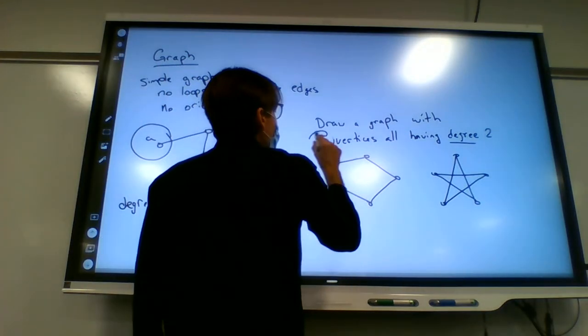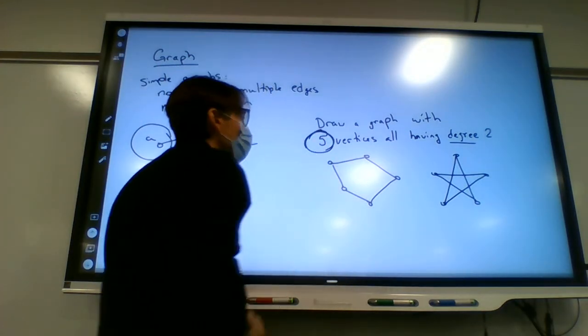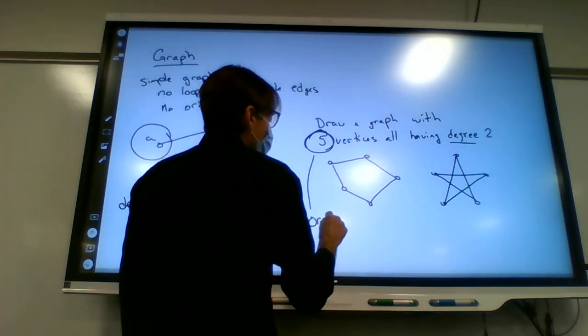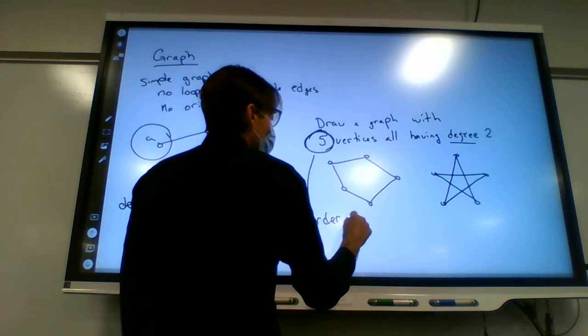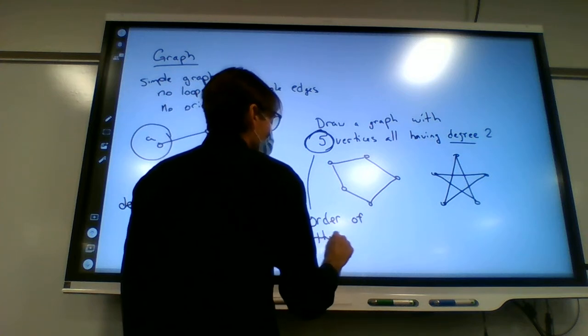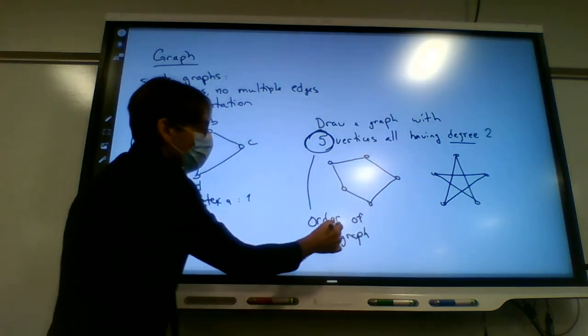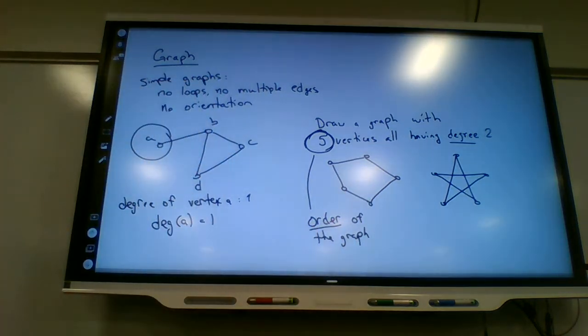The number of vertices we usually call the order of the graph. So the order is how many vertices you have, and size is how many edges.